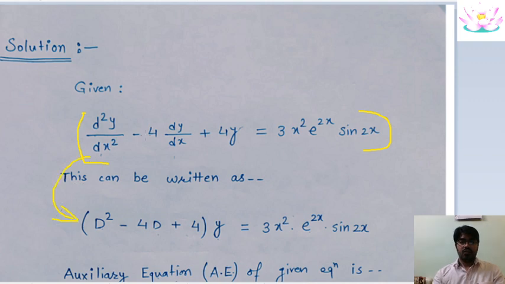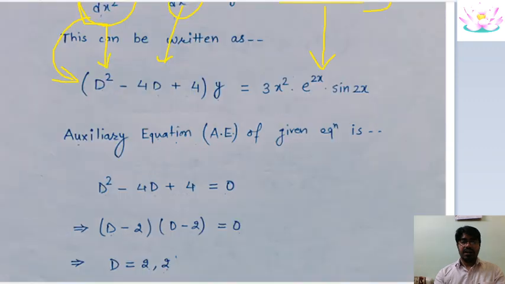As you know, d square y upon dx square can be written as D square, whereas dy by dx is written as D, and the y is a common factor here. The right hand side term is placed as it is.